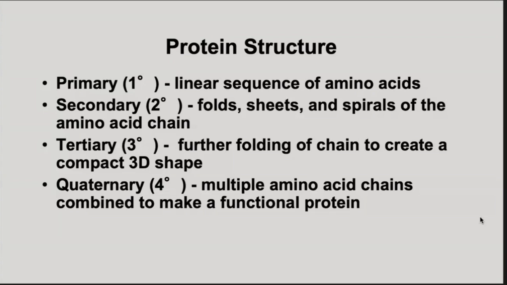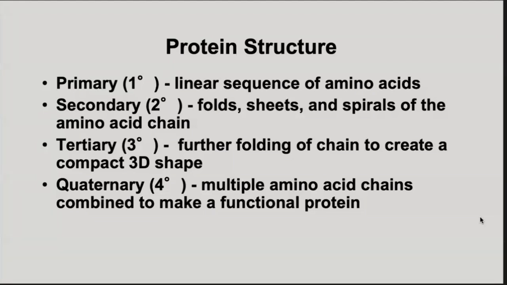That is nothing more than just the list of amino acids in a straight line in order. And they're going to be listed in the order that they were deposited at the ribosome. So you're going to start with the very first amino acid, which is usually methionine, by the way. That's usually the very first amino acid that's created by the start codon during the process of translation. And then you're simply going to list in order every amino acid. That's the primary structure, just a straight chain of amino acids.